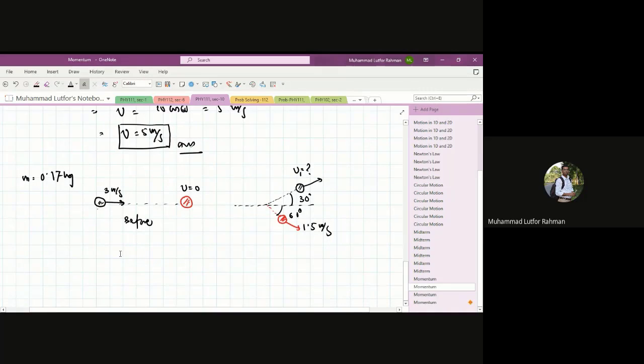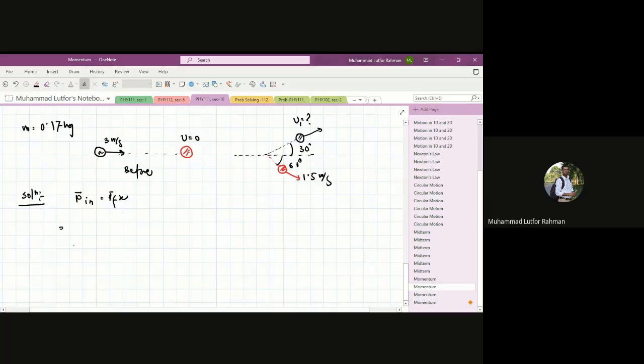We can consider a two-dimensional case, but I'll write only the x component. So Pix must be equal to Pfx. I don't have to take the y component.